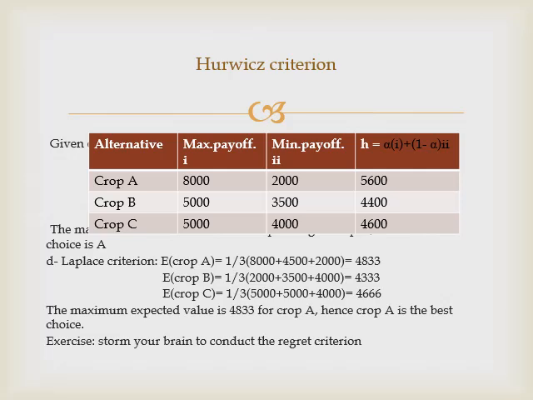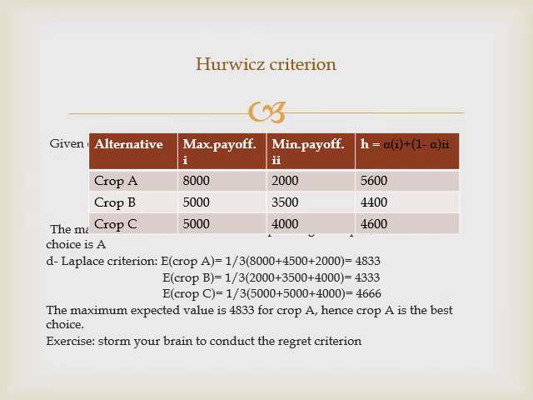Multiplied by I plus 1 minus alpha multiplied by double I. I is the max payoff, and double I is the min payoff. So H equals alpha times I, or between brackets max payoff, plus 1 minus alpha times double I. Double I stands for min payoff.